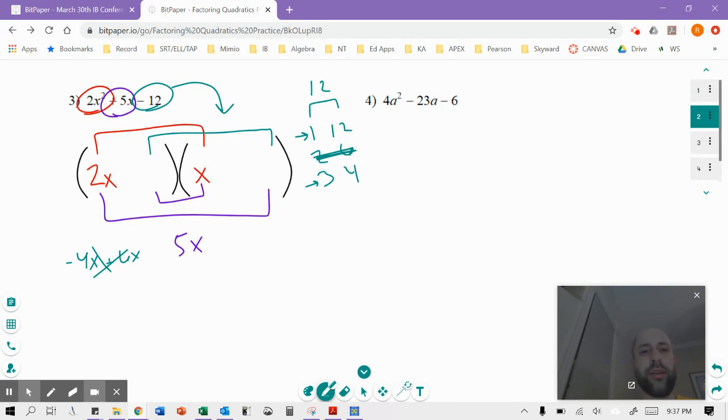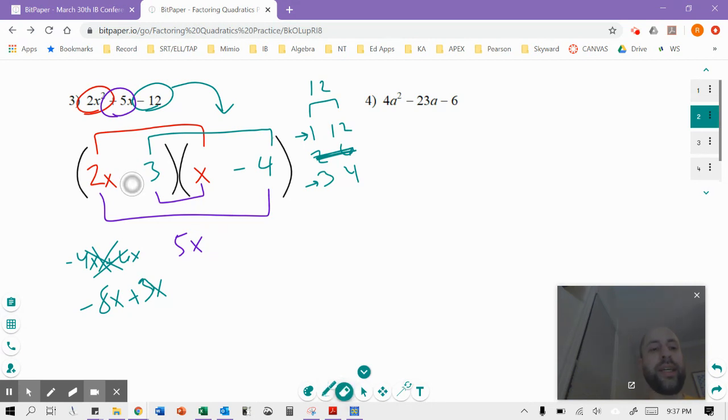So checking the 3 and 4, let's just throw down 3 and 4 and make 3 positive, 4 negative, and check it. So again, checking the purple lines, 2x times negative 4 is negative 8x plus 3x, and that adds up to negative 5x, but I need that to be positive. So right away, what that tells me is the sign needs to switch.